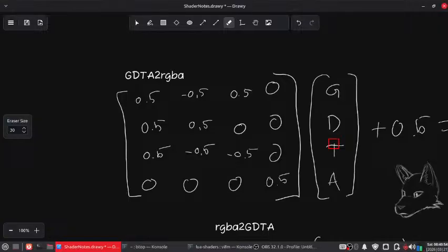So, and then 1/3. So green is a third, and magenta is 2/3.